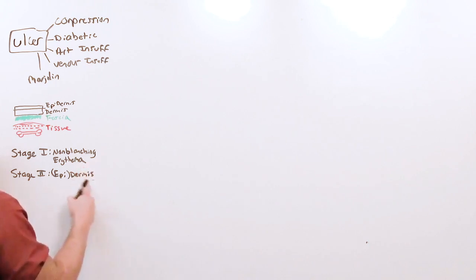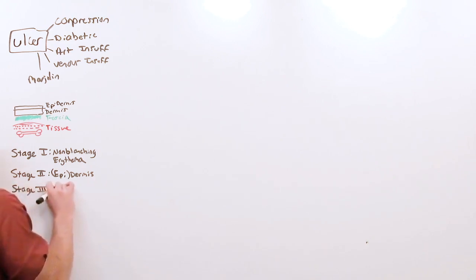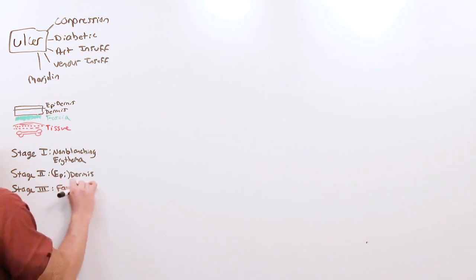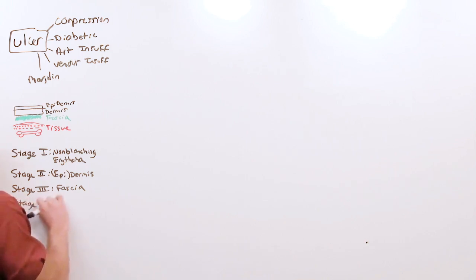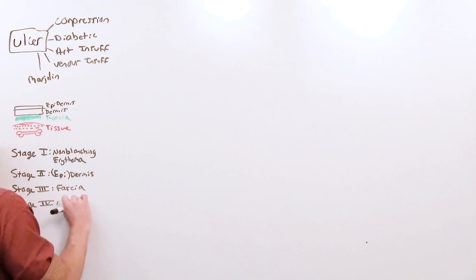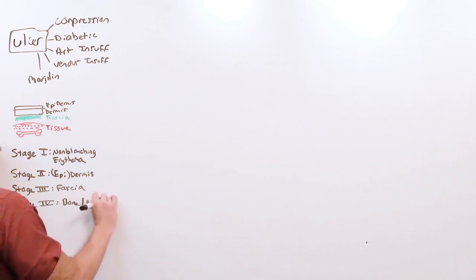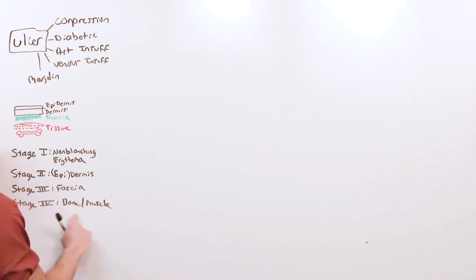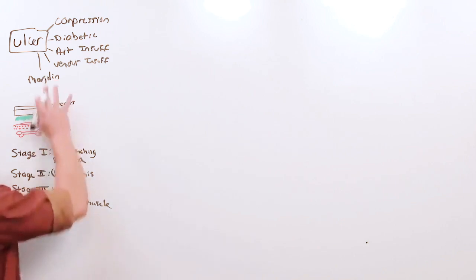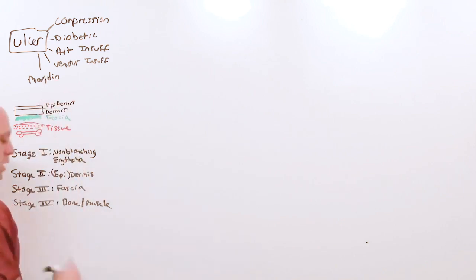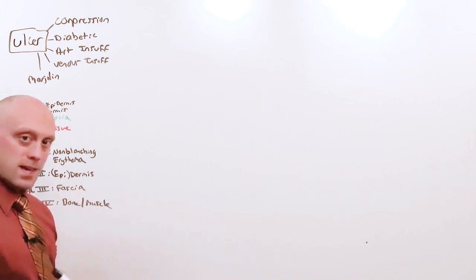You're through the skin, but not to the fascia. Stage 3, you can see fascia, but not the tissue underneath. And stage 4, muscle and bone are exposed. And if you can see bone or probe bone, it's effectively osteomyelitis. So this is how you're going to communicate on the wards. Let's talk about what you need to know for the test.